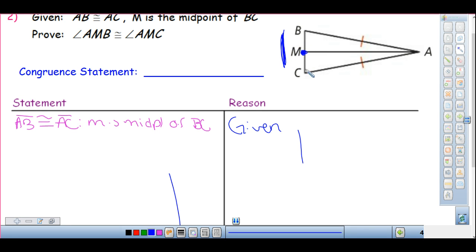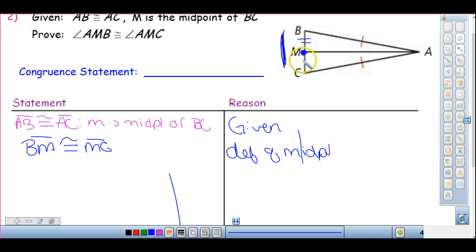So if M is the midpoint of this side, what can I say about it? I can say that BM is congruent to MC, because that's what a midpoint does. It's the midpoint between that side. So that is definition of a midpoint.